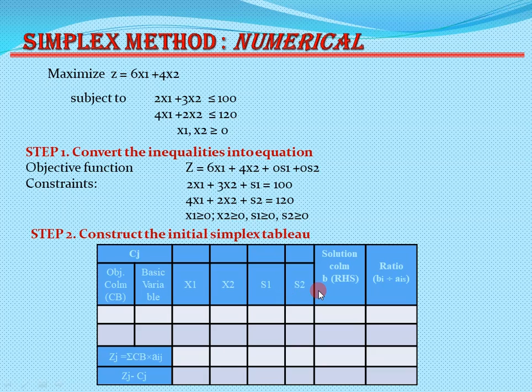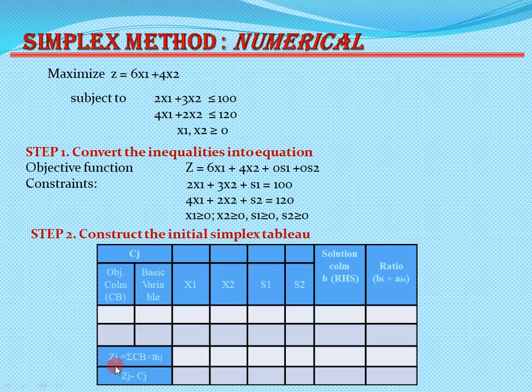As per the variables present in the objective function, we have to prepare these columns. Here there are four variables, so we have to prepare four columns. Then the next column is the solution column, that is the right hand side values, and then the next column is for ratio. Then the rows depend upon the number of constraints. As there are two constraints, we have to prepare two rows.